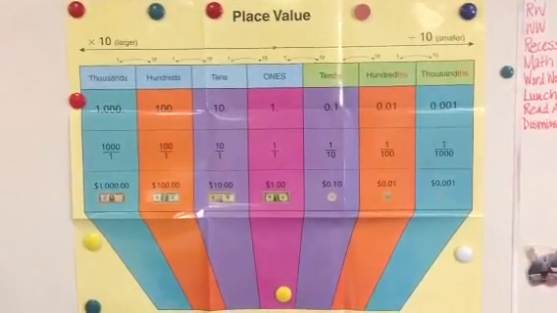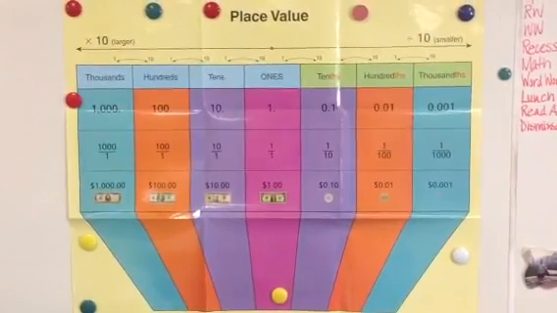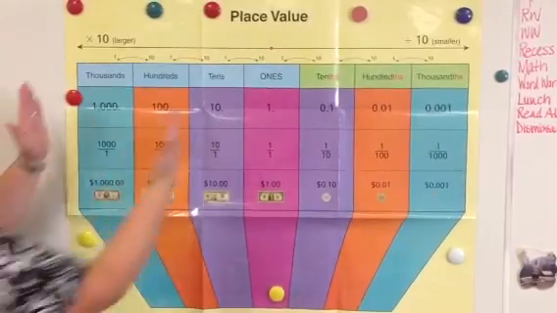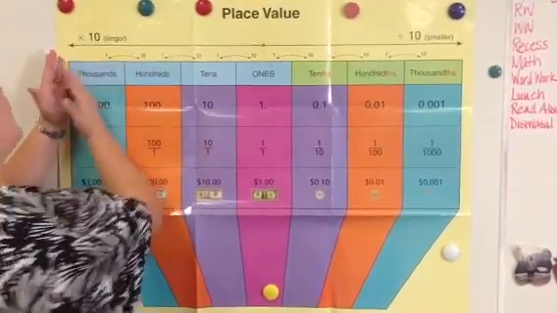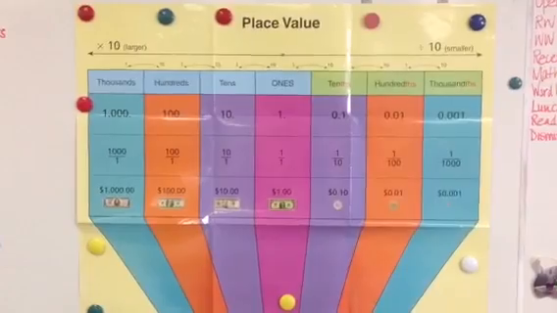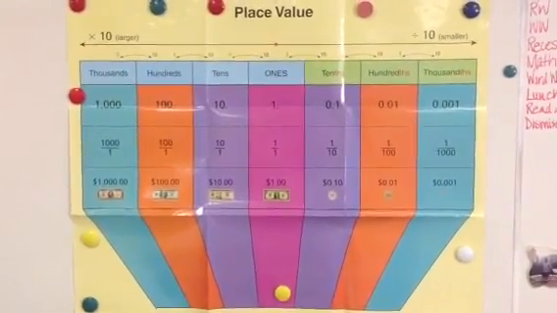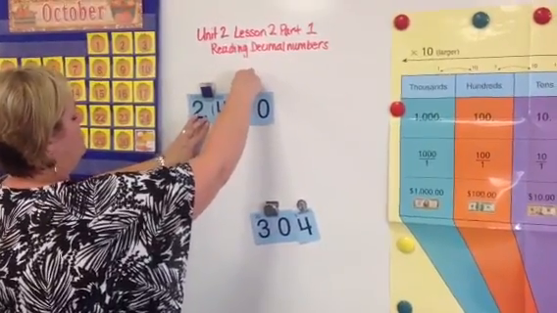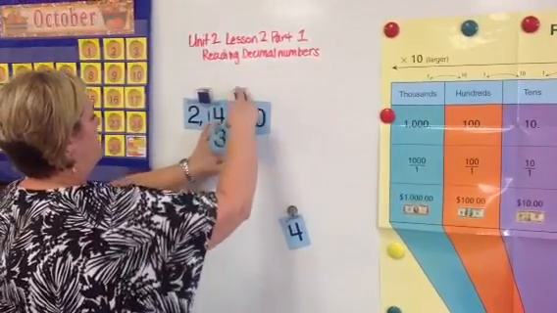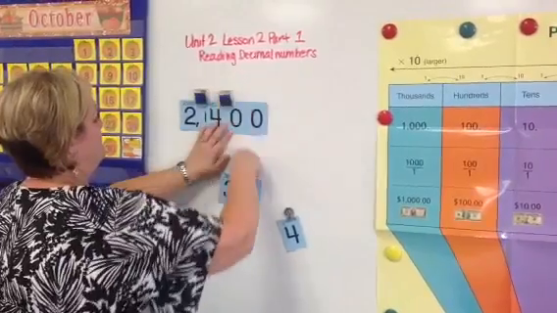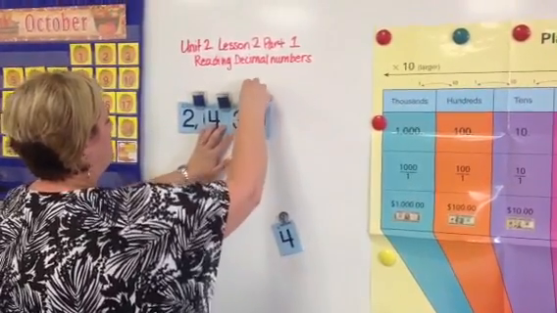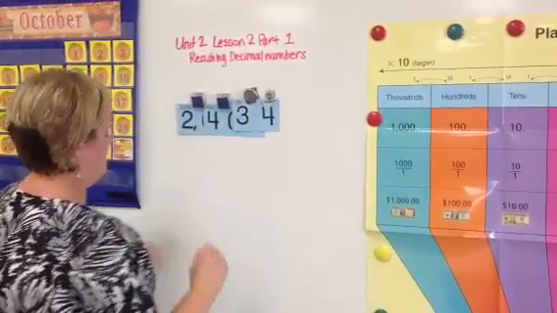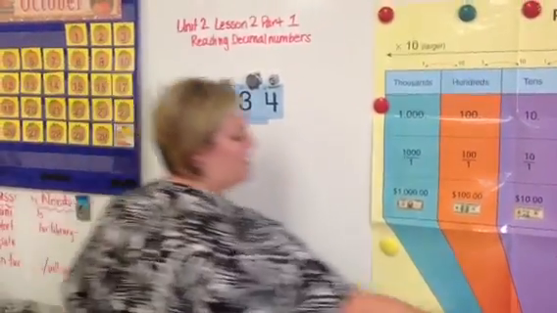So when we talk about expanded form or starting to talk about how we read these numbers, it's just like reading our whole numbers, the left side of the place value that we did last year. So if you're looking at a number like 2,434, I didn't rehearse this, you see how that all laid on top of each other?